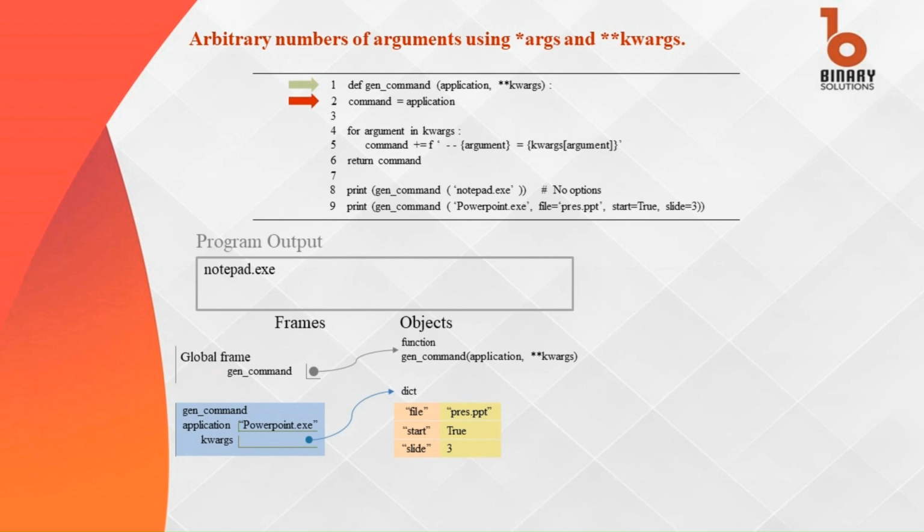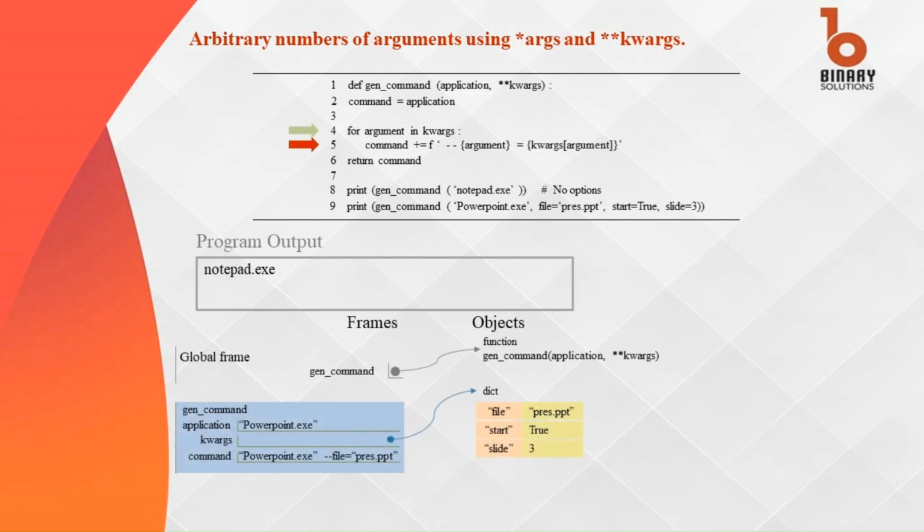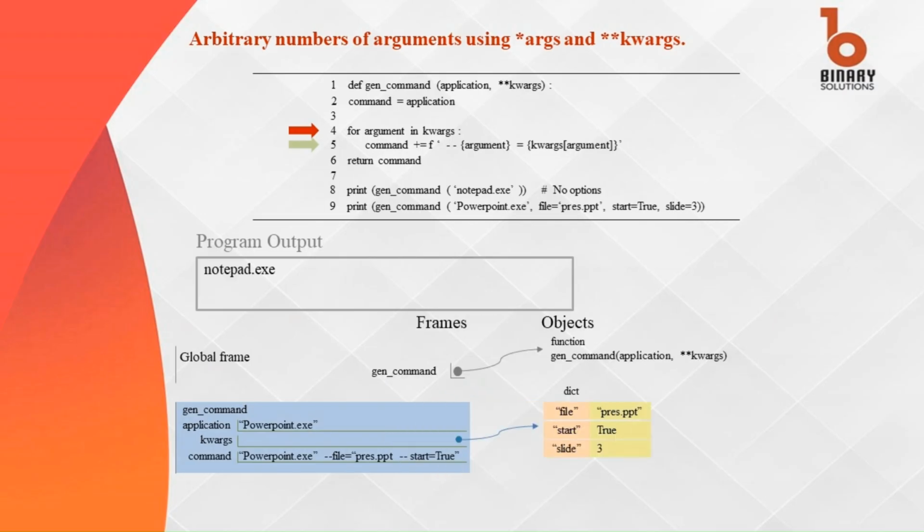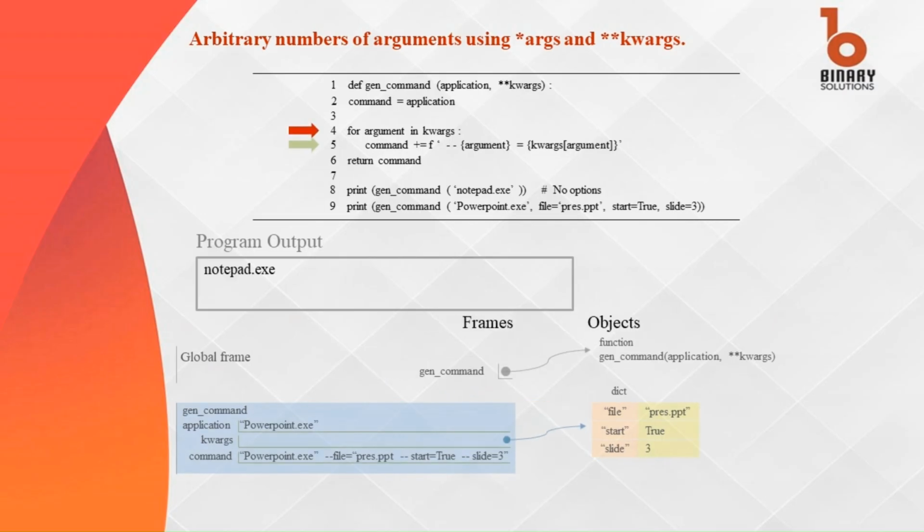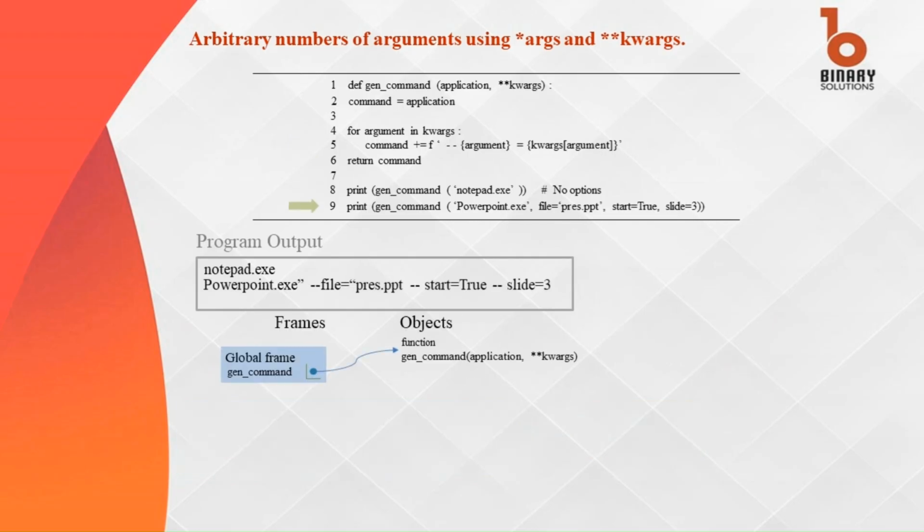The function initializes the command string with the application name and iterates through the key value pairs in double asterisk kwargs. Each pair is appended to the command string in the format key value. Finally, the completed command string is returned.